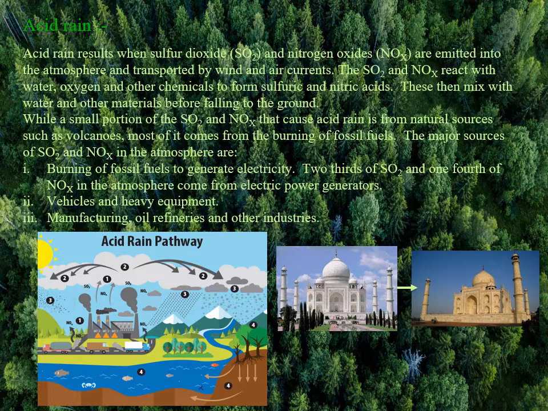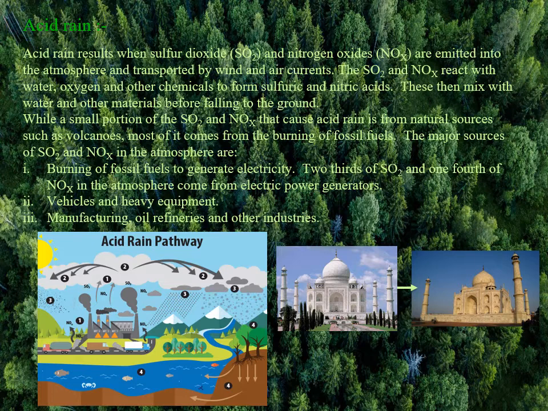These then mix with water and other mineral materials before falling to the ground. A small portion of the sulfur dioxide and nitrogen oxides that cause acid rain is from natural sources such as volcanoes. So most of it comes from the burning of fossil fuels.